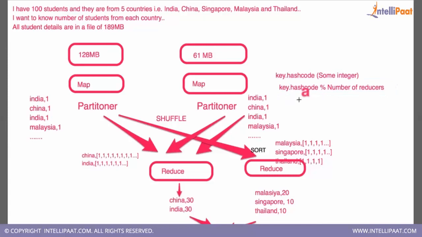So think of it this way. Let's say India dot hash code is 80. It's not in my hand, it's not in your hand, so let's put any number. China dot hash code 86.